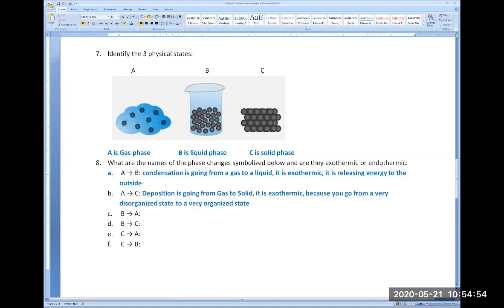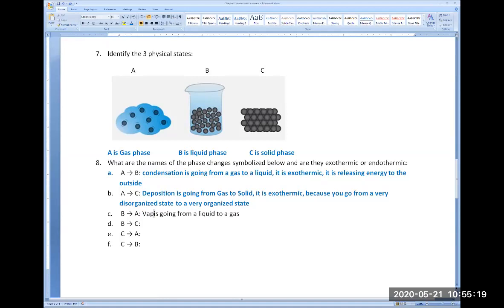Okay, so what is the phase change going from a liquid to a gas? What is this called? Yes, this one is easier.